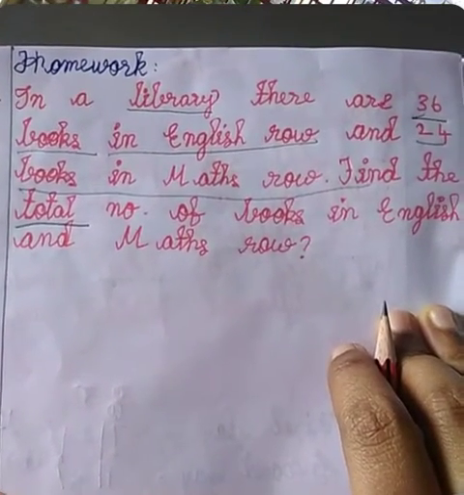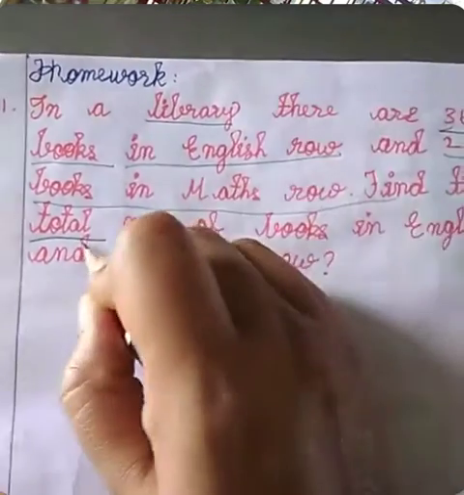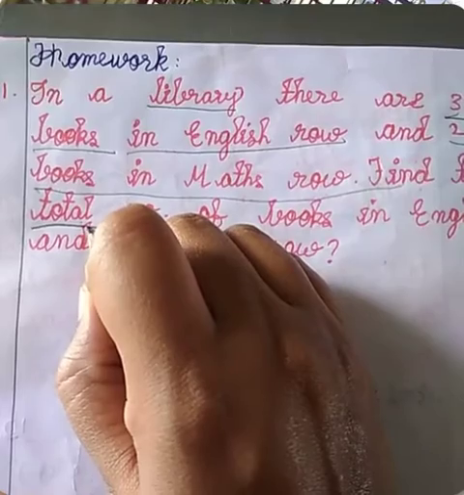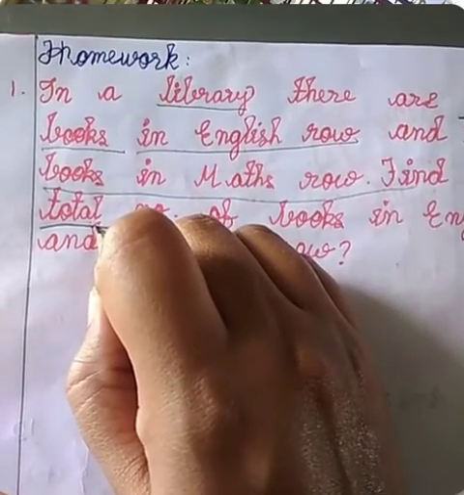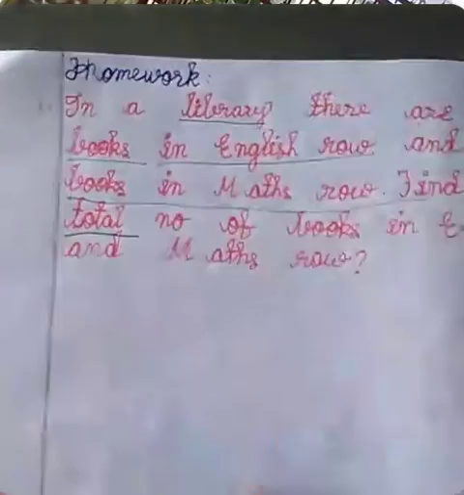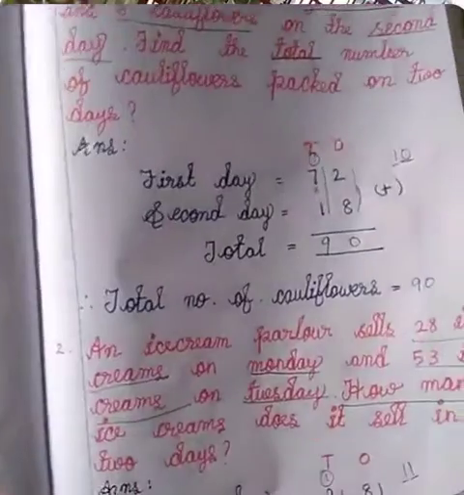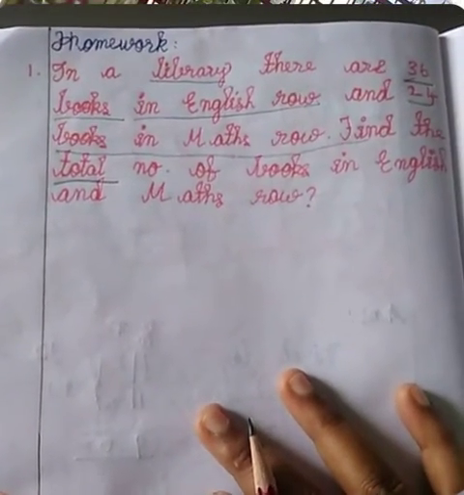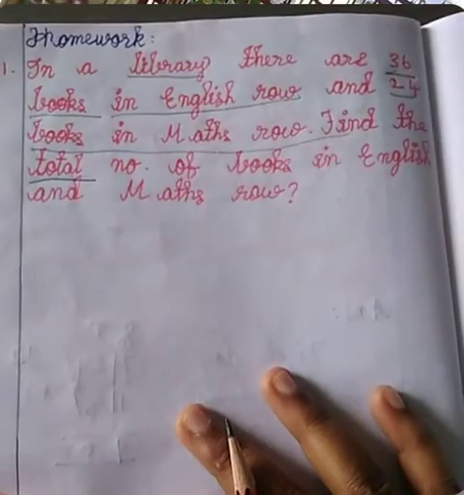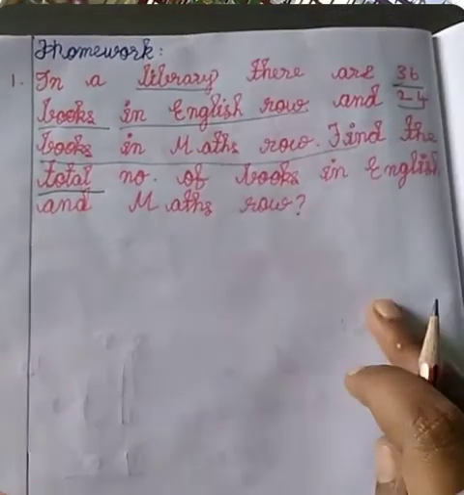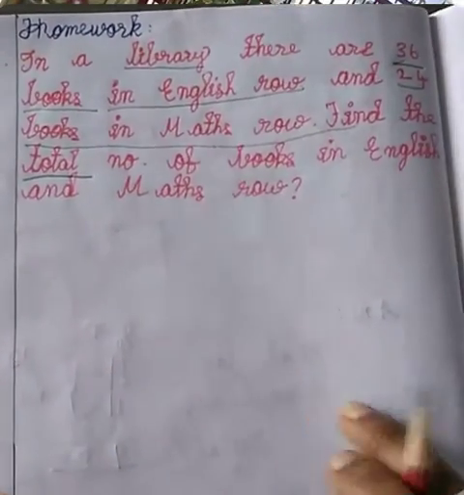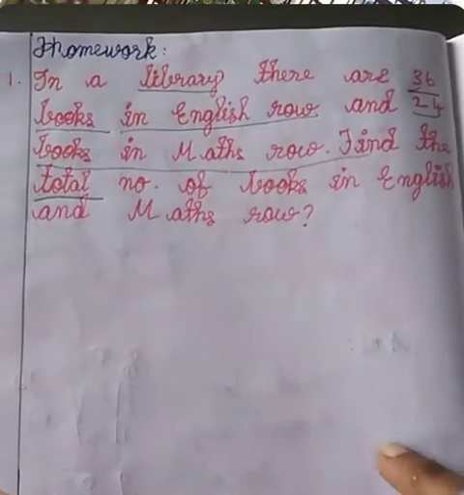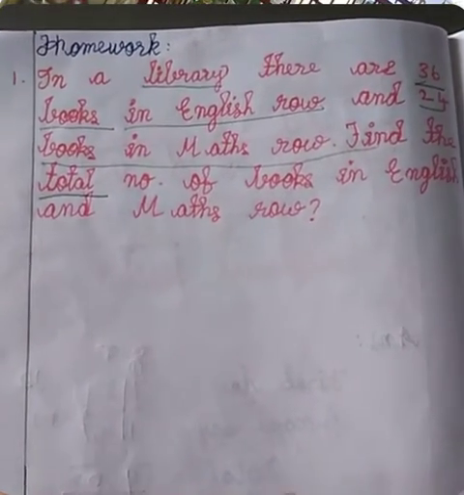So you add these two numbers. The word total is given in the question, so it is an addition sum. Like I taught the two addition story sums, so you do this sum very easily. First write English row equal to 36 and Maths row equal to 24, and add these two numbers. You get a total. Write total and you get the answer.